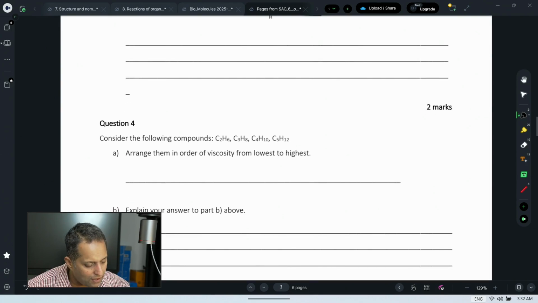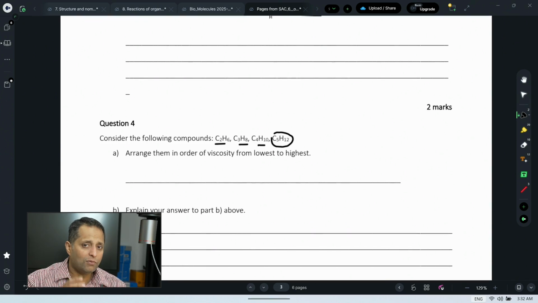Now in this case, they are all alkanes, aren't they? Yes, alkanes. So arrange the viscosity. Again, you have to talk about the intermolecular forces between these molecules. Which one will have the strongest intermolecular forces? The pentane. Why? The larger the molecule, the more the dispersion forces, because they are all non-polar molecules.